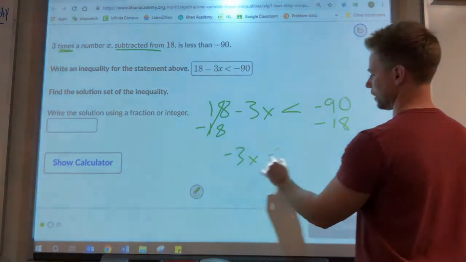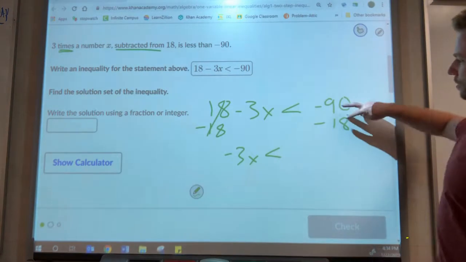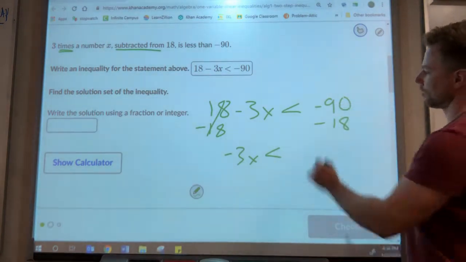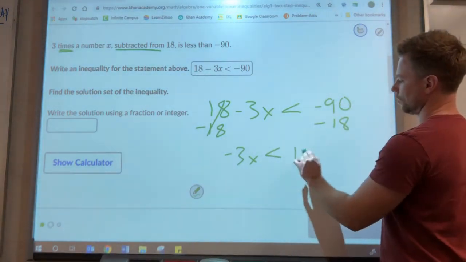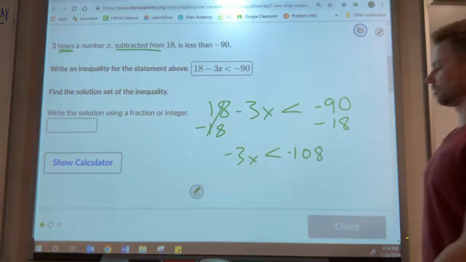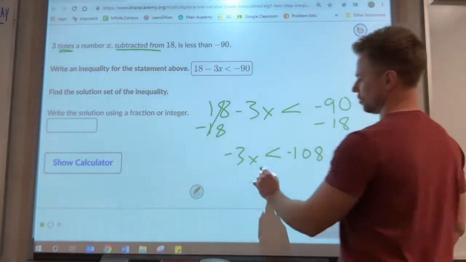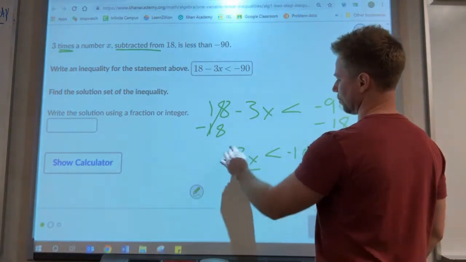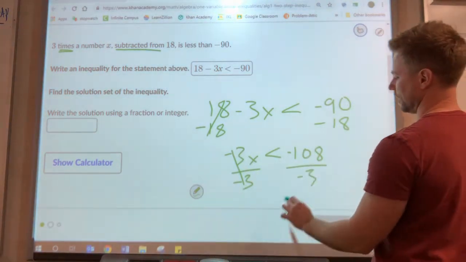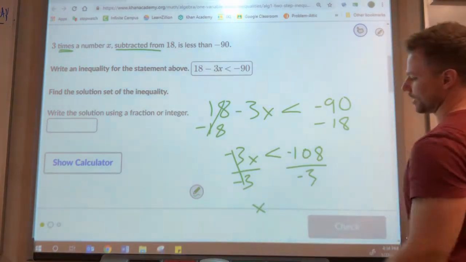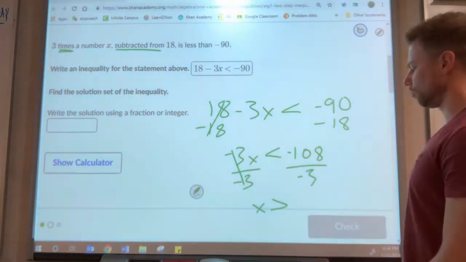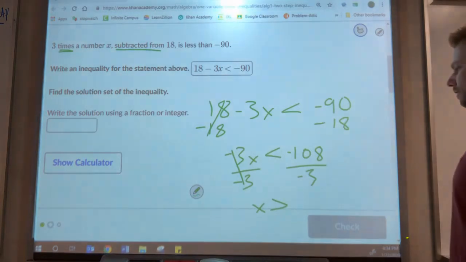So negative 3x is less than. Now notice these are like, they're both negative. So we add, keep the original sign. So that's going to be negative 108. And then we're going to divide by negative 3. Divide by negative 3. Since we divided by a negative, our inequality has to flip.